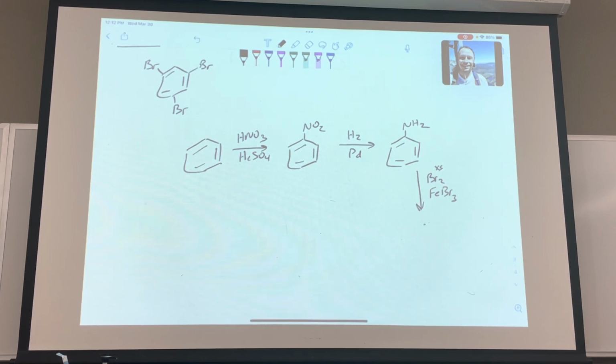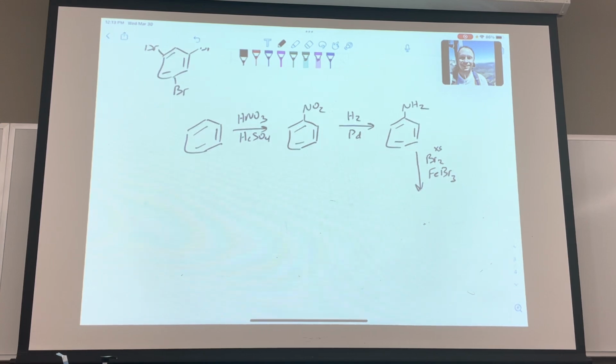Remember, the NH2, the amine group, is one of the strongest activators. So if we used excess bromine, where are we going to get bromines?